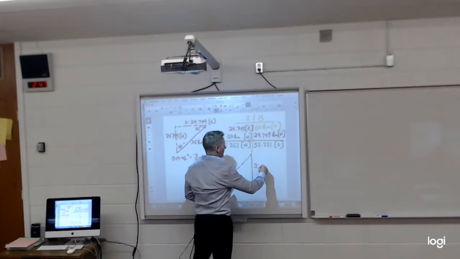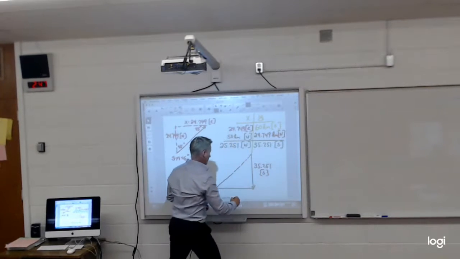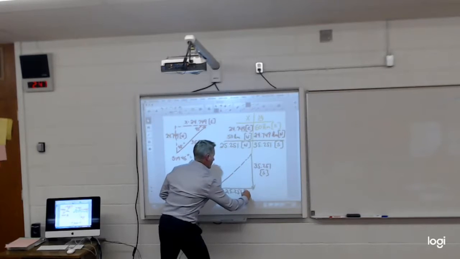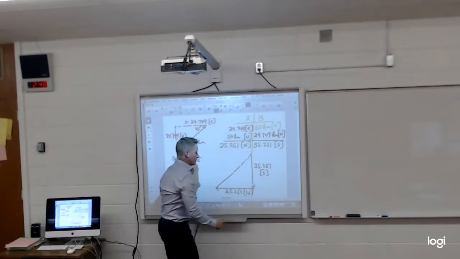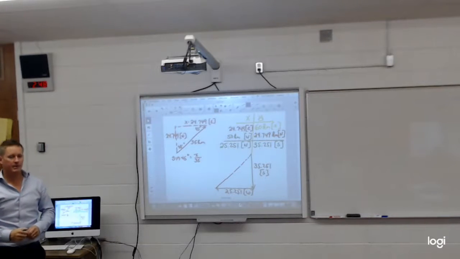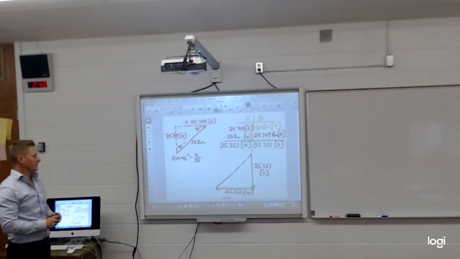Here, 35.251 south. And over here, 25.251 to the west. To calculate my displacement, what am I using? Pythagoras' theorem again. So again, it's right angle trig. It's easy for you. You've been doing enough of it.